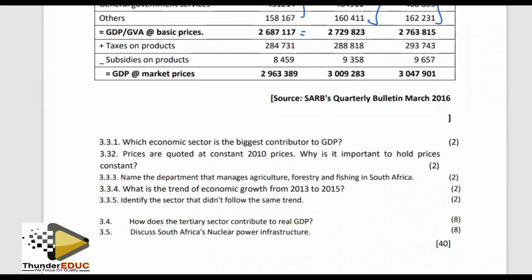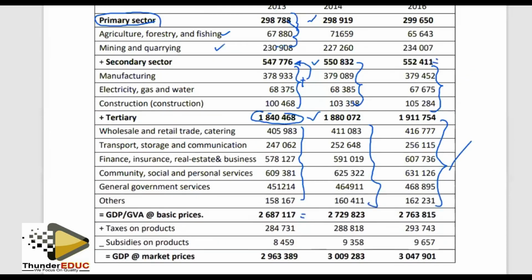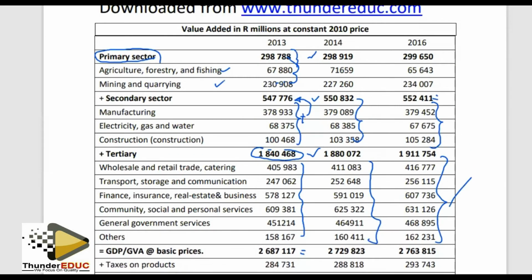Okay, let's look at these questions here. Question 3.1: which economic sector is the biggest contributor to GDP? Just read these figures. Compare the figures of the primary sector in all the years, how they contribute to GDP.